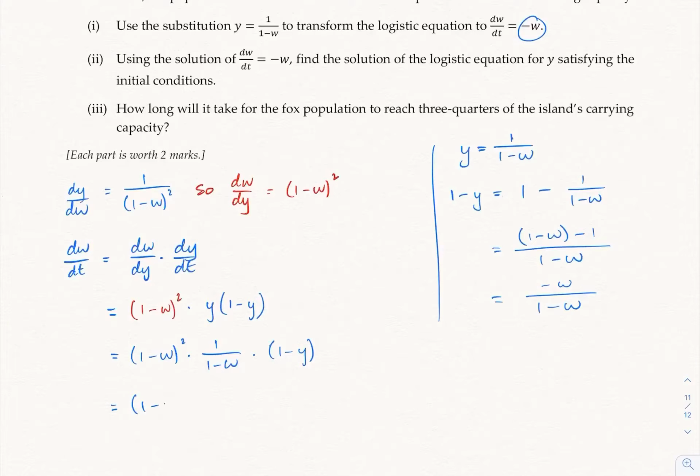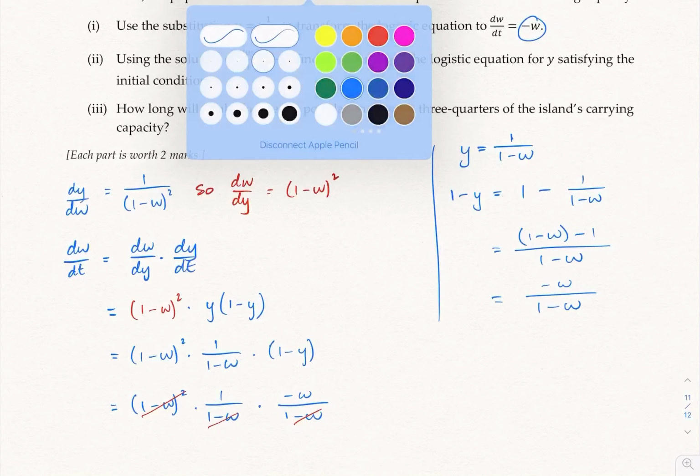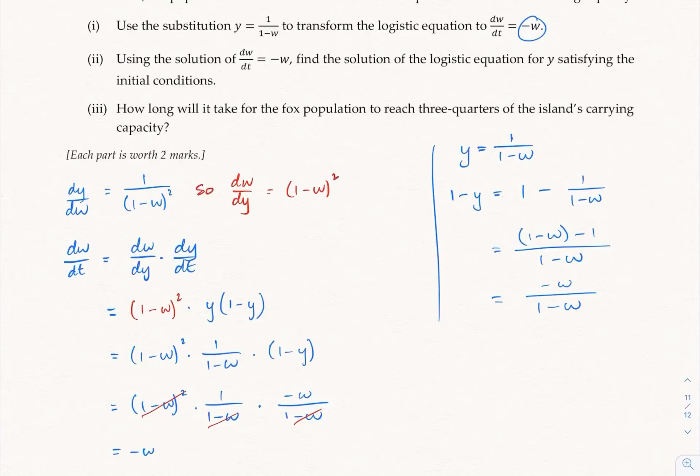So this is (1 minus w) squared over (1 minus w) times negative w over (1 minus w). We can see here that this cancels with both of those, and we're left with minus w, which is what we want. So dw/dt equals negative w as required. Okay, done.